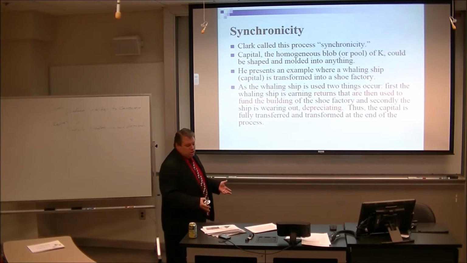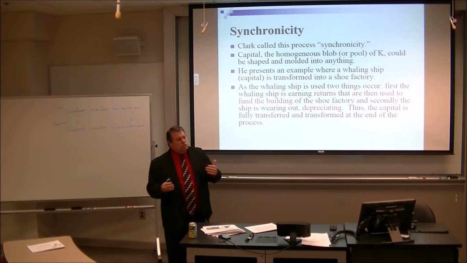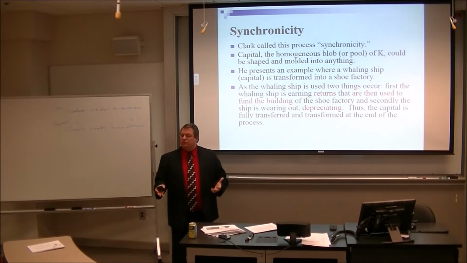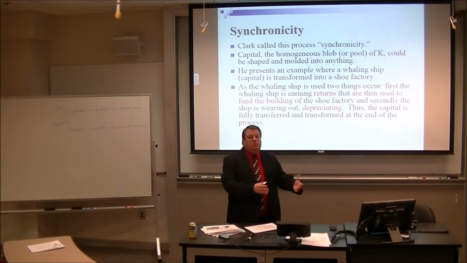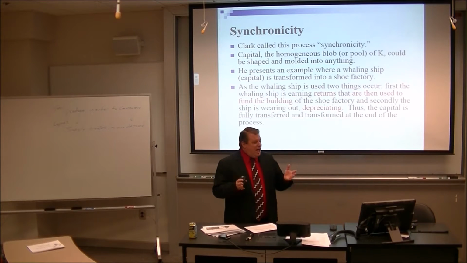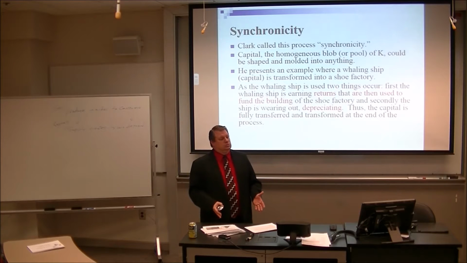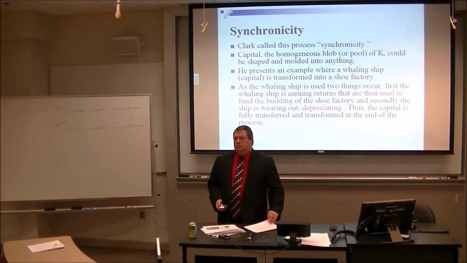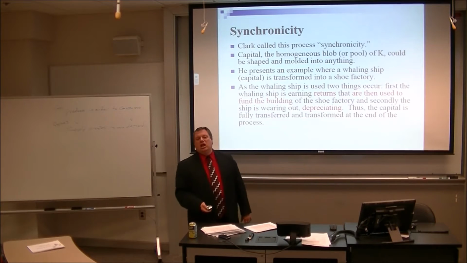The first is that the whaling ship earns returns, and those returns are used to fund the building of the shoe factory. And secondly, the ship is wearing out, it's depreciating. And so at the end of the process, the capital is fully transferred and transformed into the shoe factory. See, the capital is just this homogeneous blob. I can change anything into anything else.